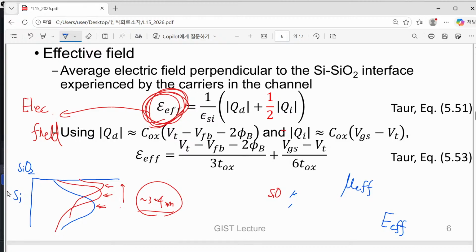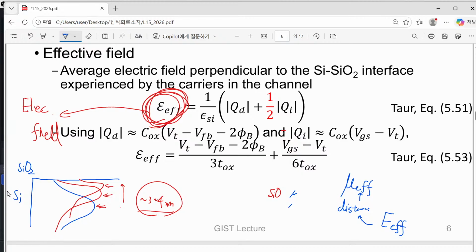Please understand, there is no direct relation between them. There is a hidden factor, and that is distance, the average distance from the interface. By increasing the effective electric field, we can decrease the electron distance from the interface, and reducing the distance degrades our effective mobility.